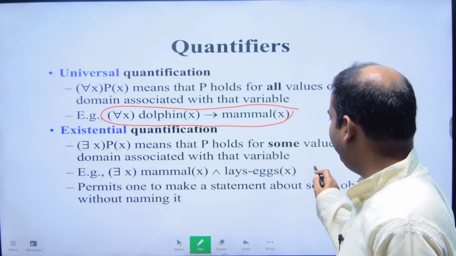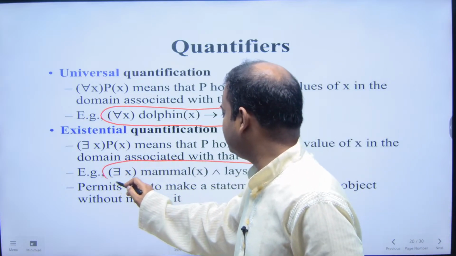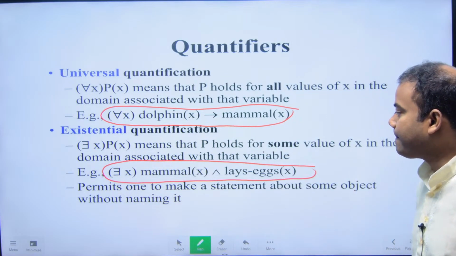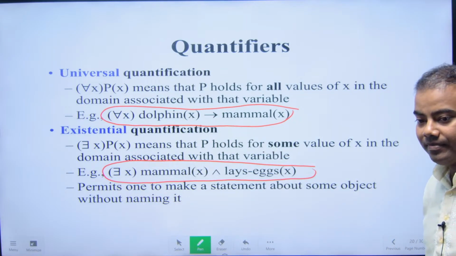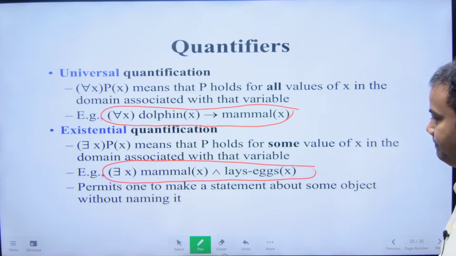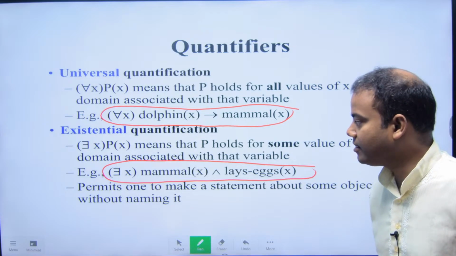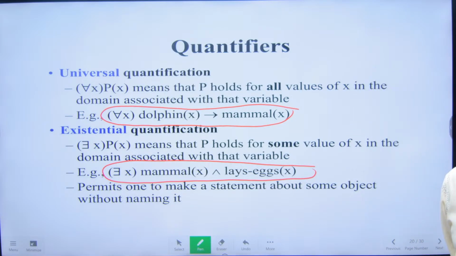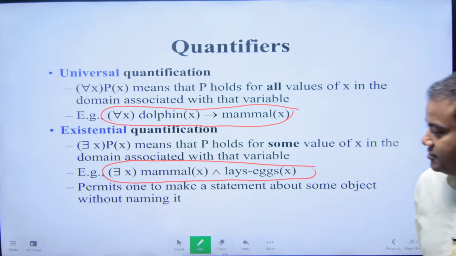What is the meaning of this? There exists mammals such that they lay eggs. So what is the normal English sentence for this?